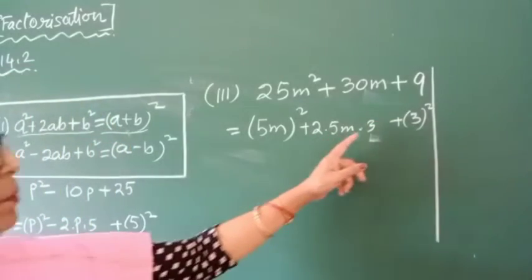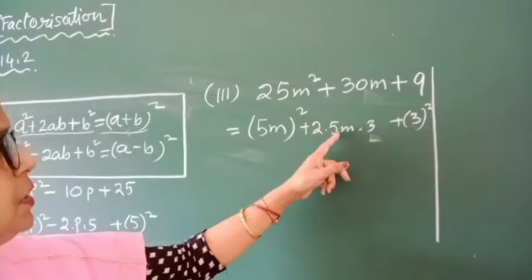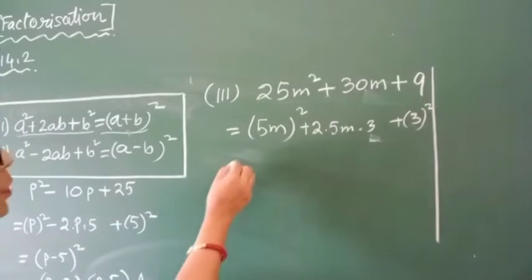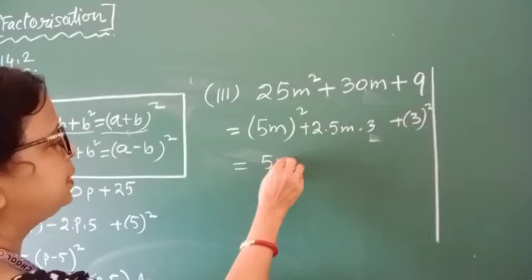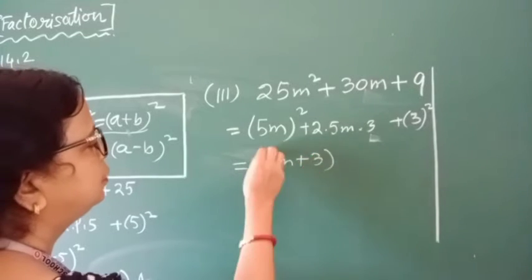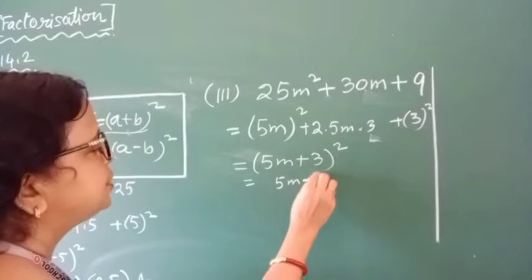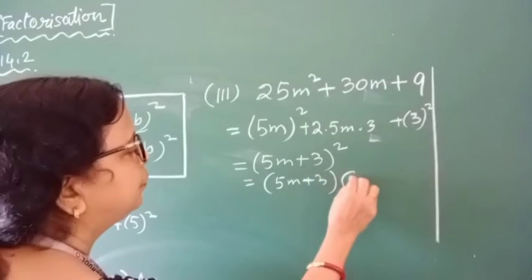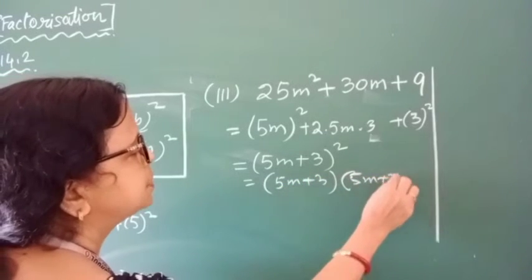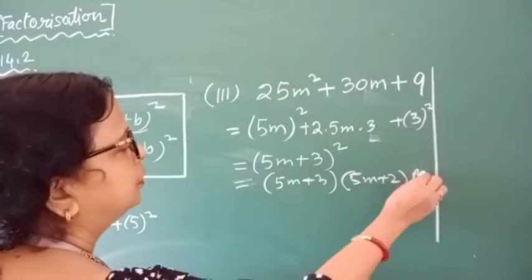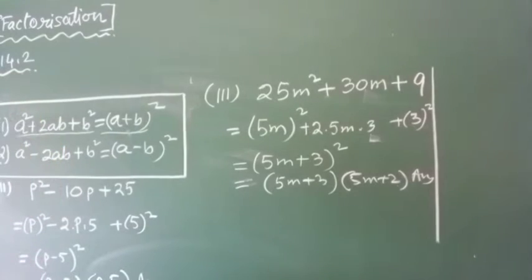So 2ab, 2 5s are 10, 10 3s are 30, 30m. So correct. So it is our 5m plus 3 whole square, that is 5m plus 3, 5m plus 3 2 times. This will be the answer of this question.